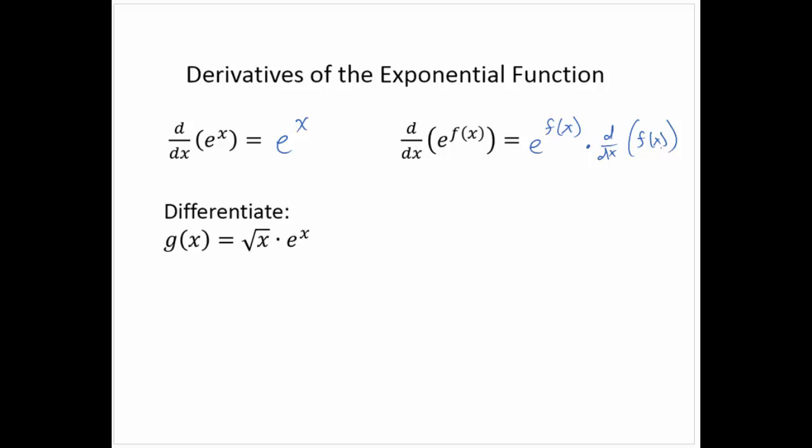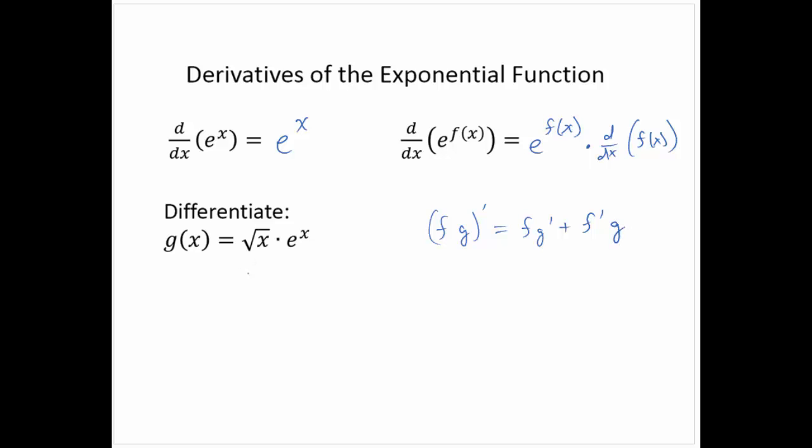So here's an example. We're asked to differentiate the function g of x is the square root of x times e to the x. I'm going to apply the product rule here for differentiation. So recall that I tend to think of it like this, that if I want the derivative of f times g, that's f g prime plus f prime g.